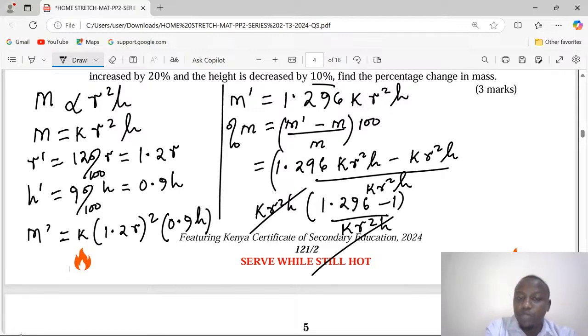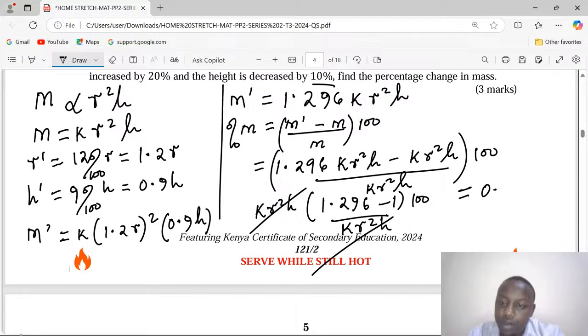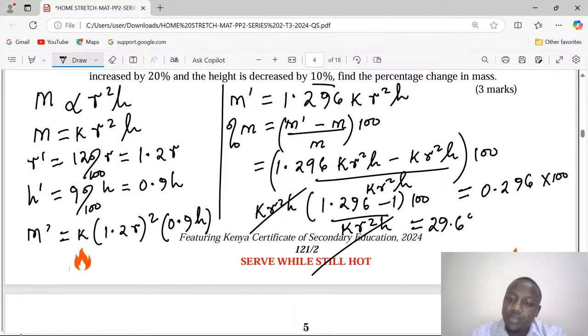Remember, we have to multiply everything by 100 to make it a percentage. So we take 0.296 times 100, and this will give us exactly 29.6%.